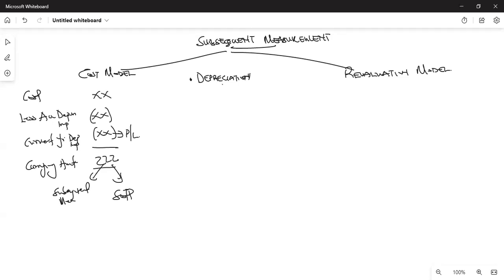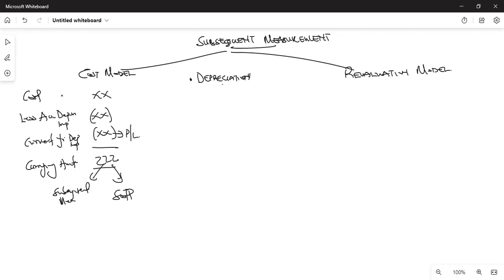That is fine, except that you have to replace the cost with the carrying amount. If you want the standard definition, it is the systematic allocation of the carrying amount of an asset over its useful life. Sometimes the carrying amount is equal to the cost. But if you make it the cost, it means that if you are in the second year and you still amortize, you still use the cost over the remaining useful life, it will be a problem.